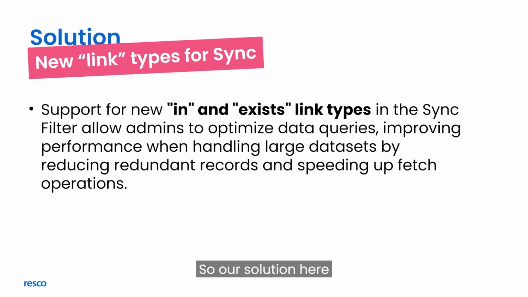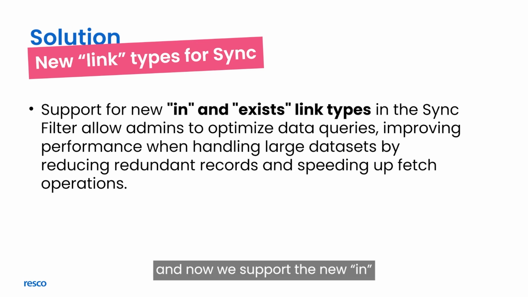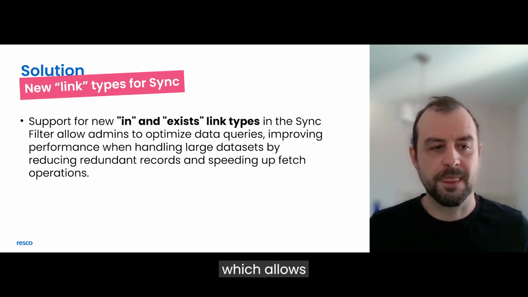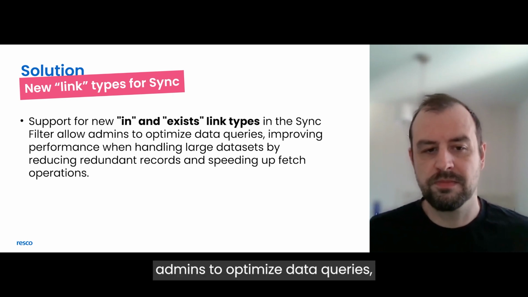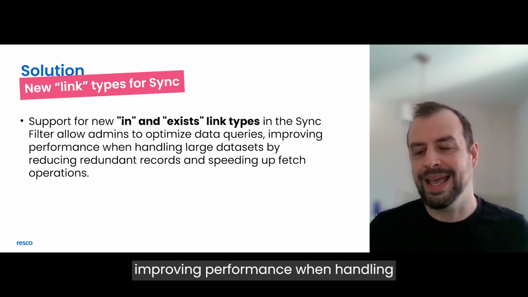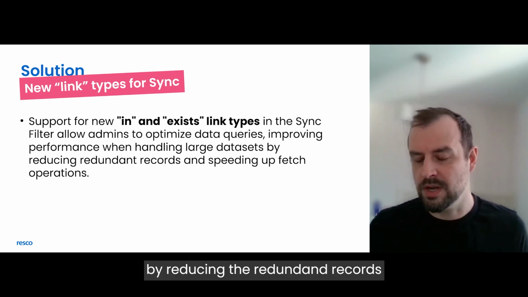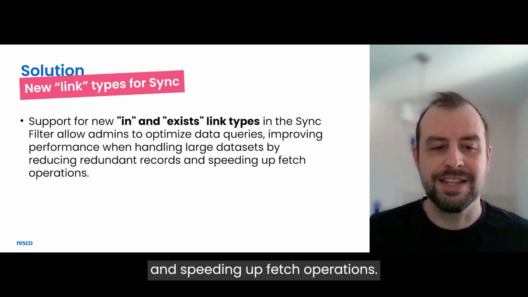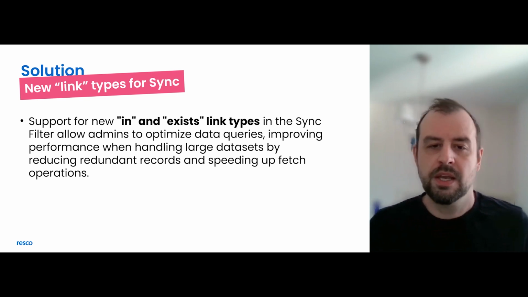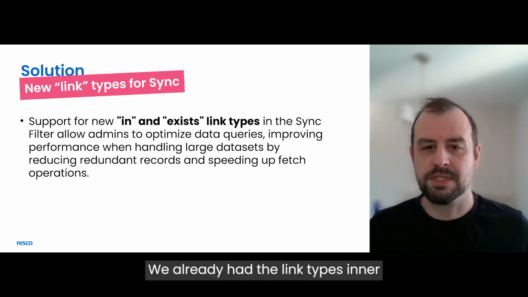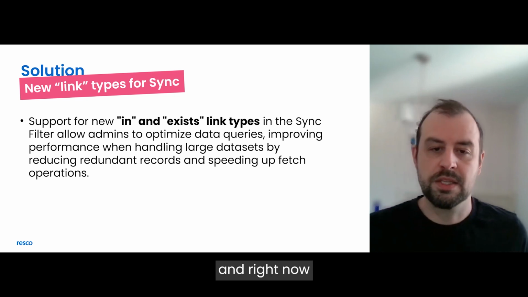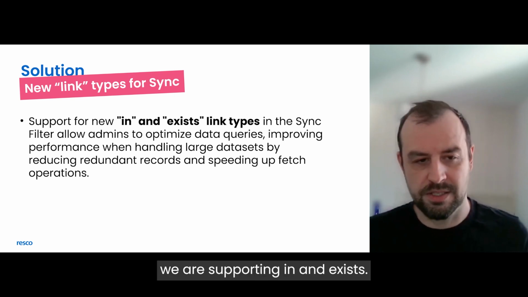So our solution here, we have been thinking how we can even more granularly fine-tune the synchronization settings, and now we support the new in and exists link types in the synchronization filter, which allows admins to optimize data queries, improving performance when handling large data sets by reducing redundant records and speeding up fetch operations. We already had link types inner and outer, and right now we are supporting in and exists.